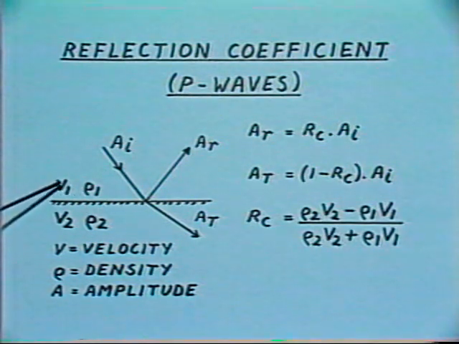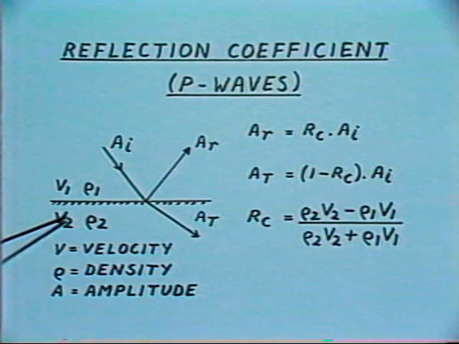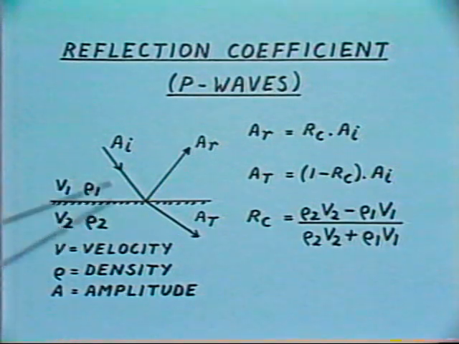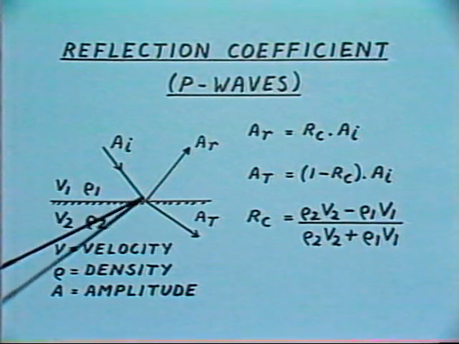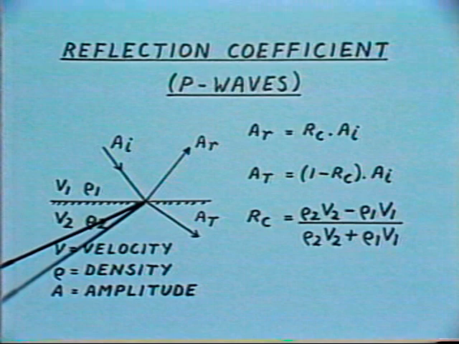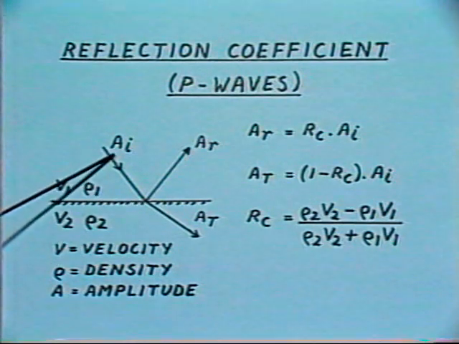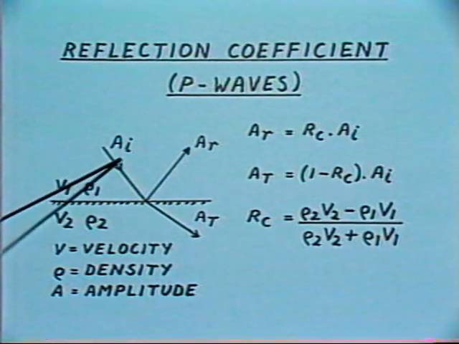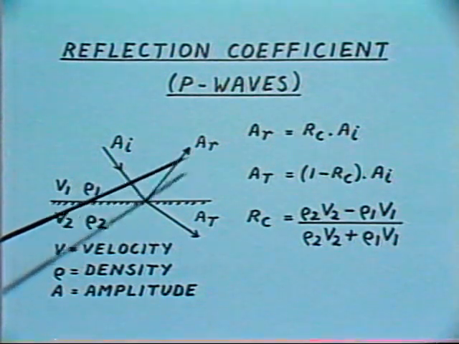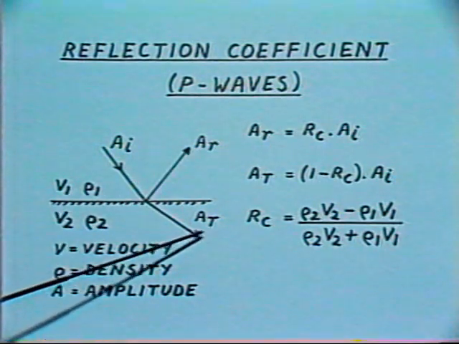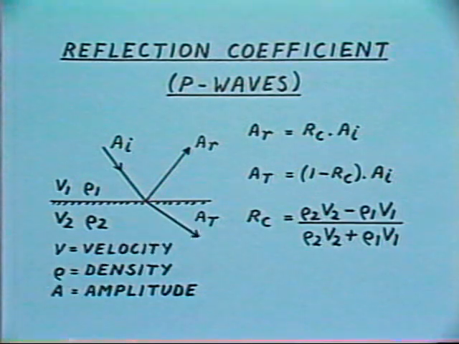So we've got a situation here where we have different velocities and different densities above and below this interface. Then imagine we have a ray of seismic energy incident at this interface with a certain amplitude, call it AI. The amplitude of the reflected ray is AR and of the transmitted ray is AT.